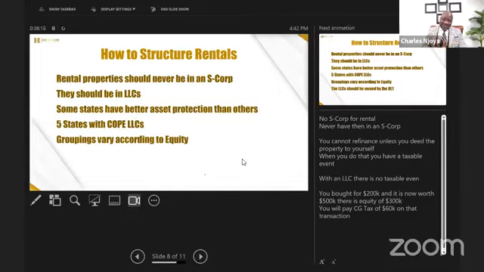The answer is yes and no. When we think about putting rental properties in an LLC, we are always looking at the equity that is involved. You want to look at the equity and the risk. Most importantly, the equity. If I have 5 rentals and each of those rentals have equity of over $100,000, I want to have each of them in separate LLCs.